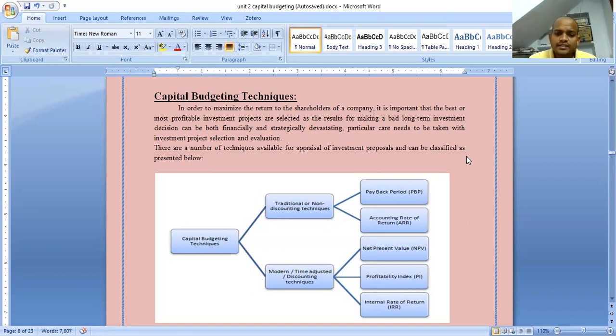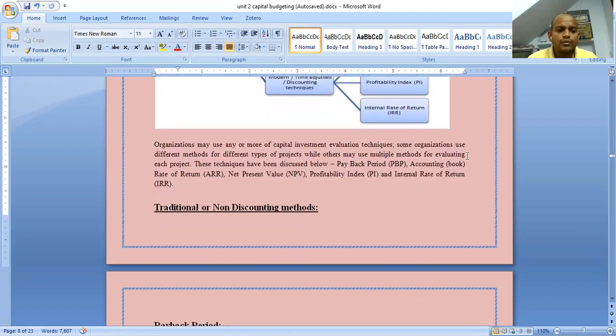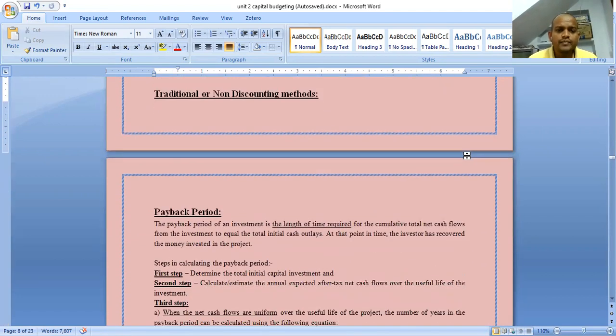In modern techniques, net present value method, profitability index, and internal rate of return. These modern techniques we can call time adjusted or discounting cash flow techniques, because they consider the time value of money. So we'll go one by one.